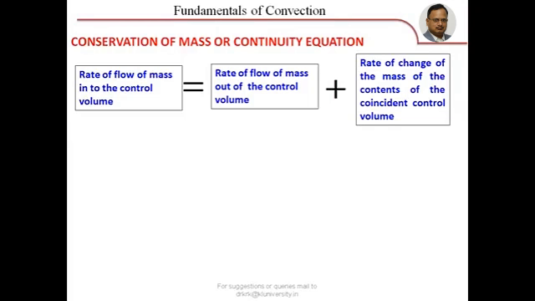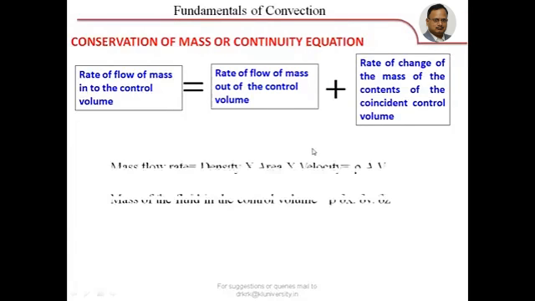Suppose you consider some mass is accumulating, then the mass balance equation can be written as rate of flow of mass into the control volume is equal to rate of flow of mass out of the control volume plus rate of change of mass of the contents of the coincident control volume.